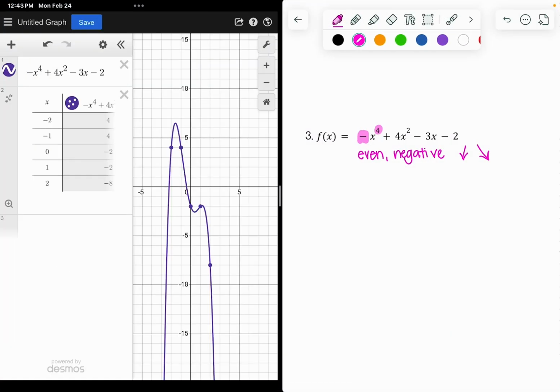So I'm going to redraw that table, and here's my x. Here's my y. And we're looking at -2, 4, -1, 4, 0, -2, 1, -2, and 2, -8.